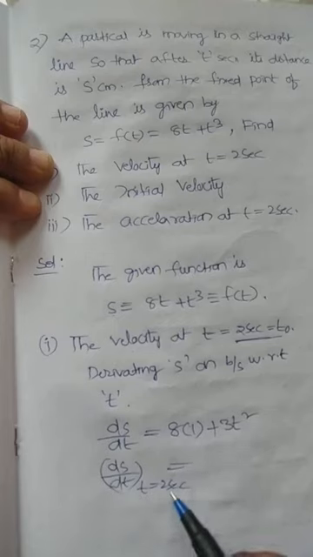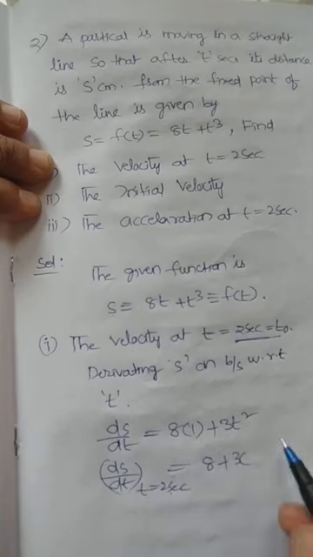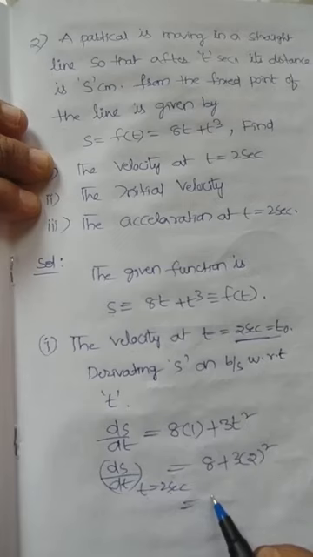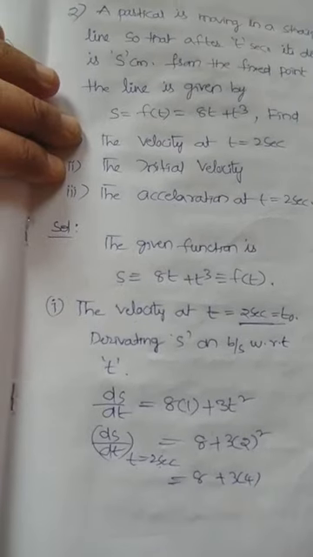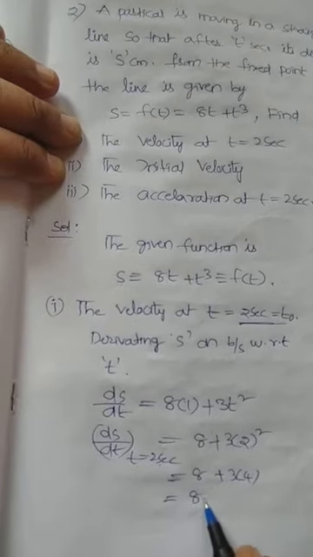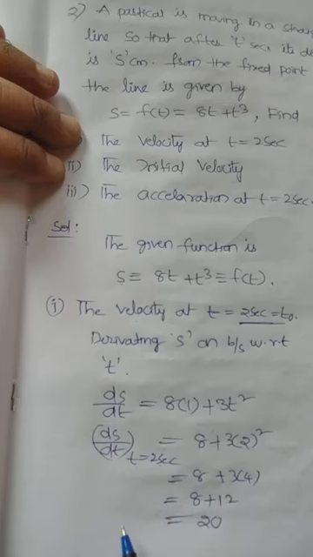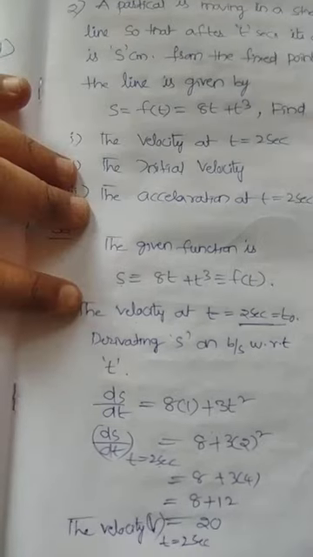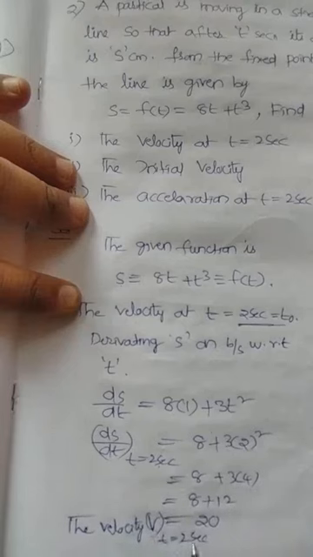So 8 into 1 is 8 plus 3 into 2 square, which is 8 plus 3 into 4, that is 8 plus 12, which equals 20. So the velocity v at t equals 2 seconds is 20.